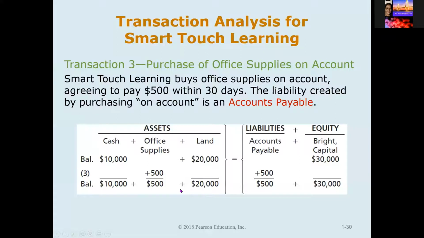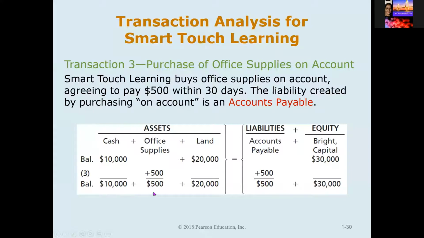Because the supplier is allowing the company to pay later, it creates an accounts payable account. So with this company, you have your $10,000 cash, office supplies, $500, and then you have your land.